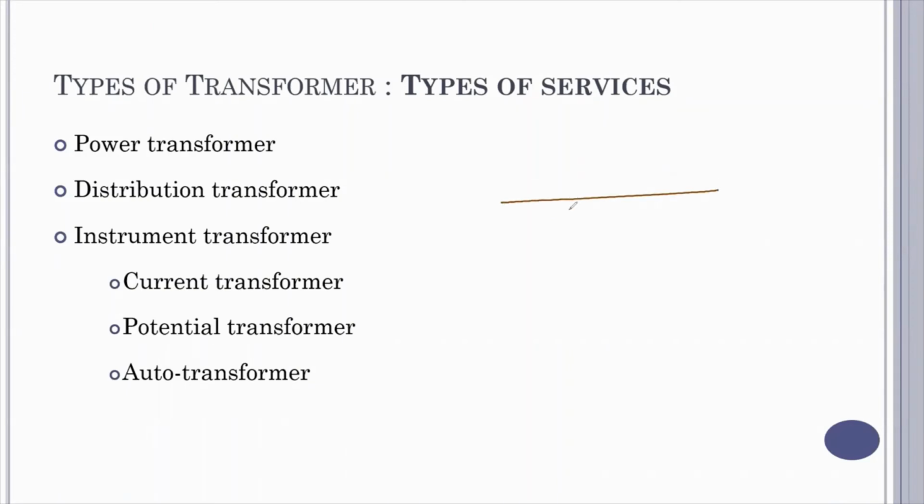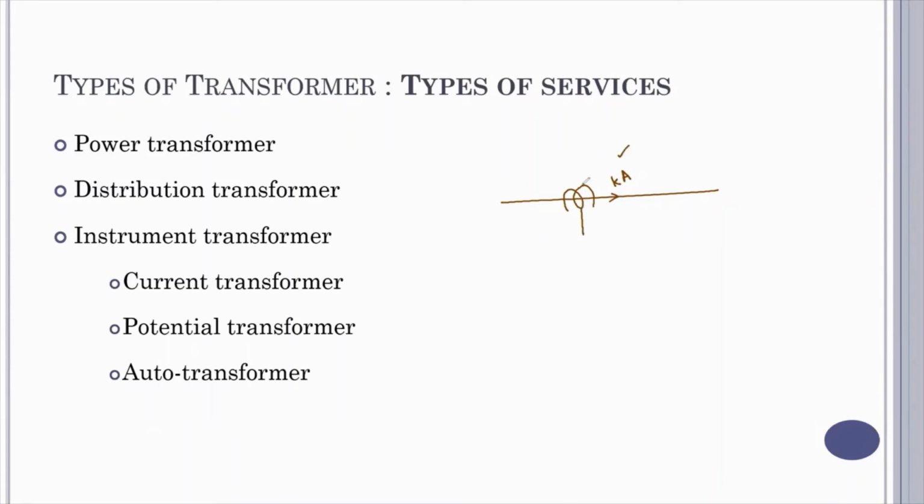Okay. So if we have a wire here and we want to measure the value of current along the transmission line, we know the order of current along the transmission line is going to be in kiloamperes. And we don't have a ready-made meter that is used to measure current in kiloamperes.